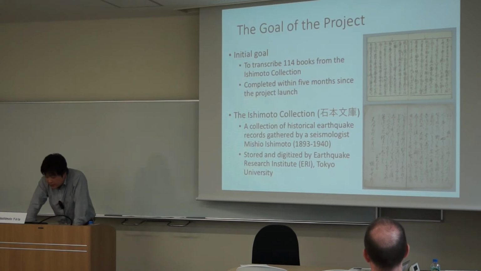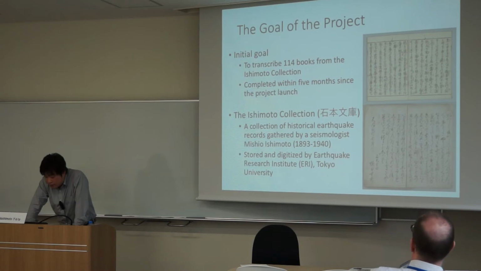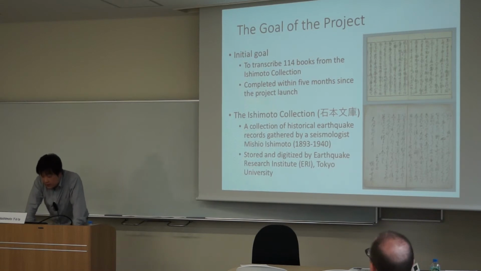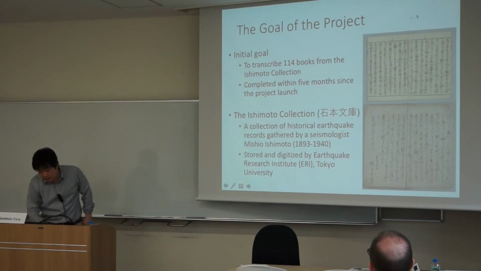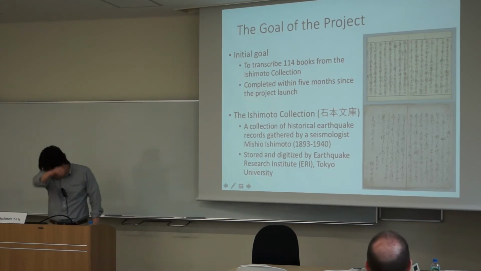The number of pages in the books ranges from 14 to 200. The total number of images across the 114 books is 3,200. Each digital image in the collection contains two pages, like this.